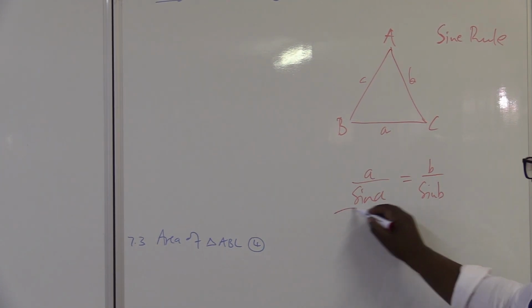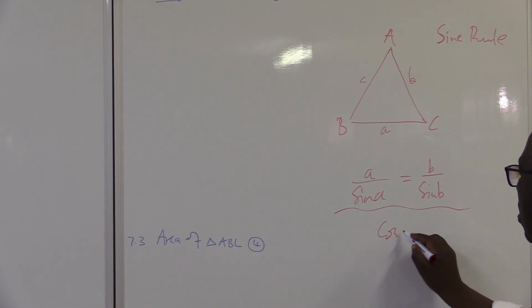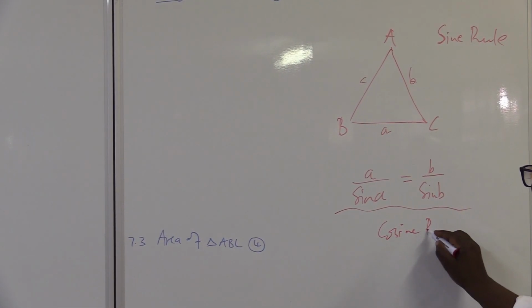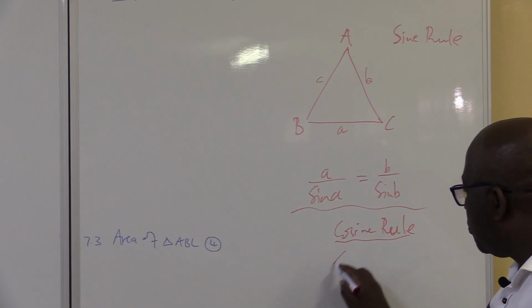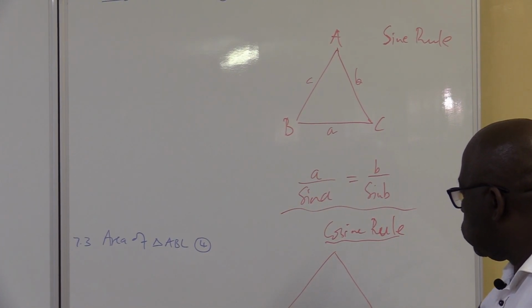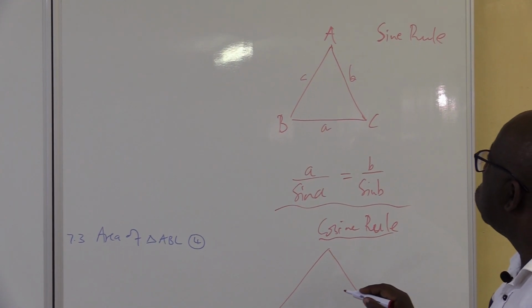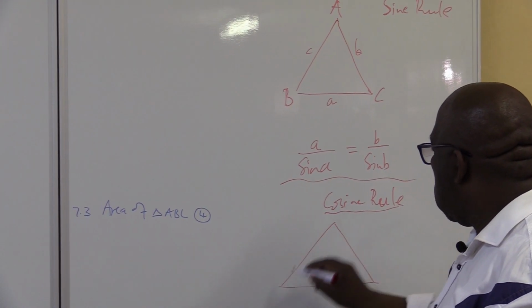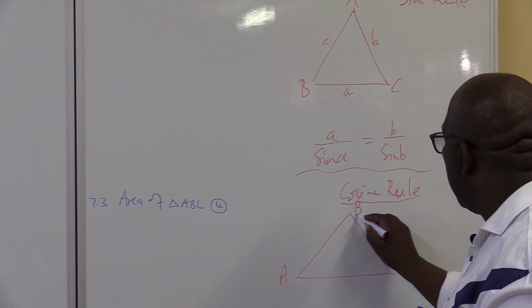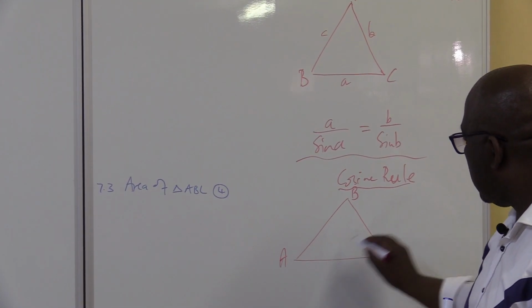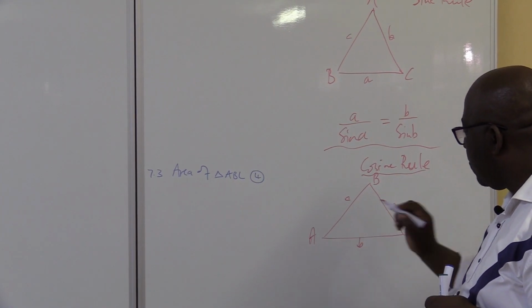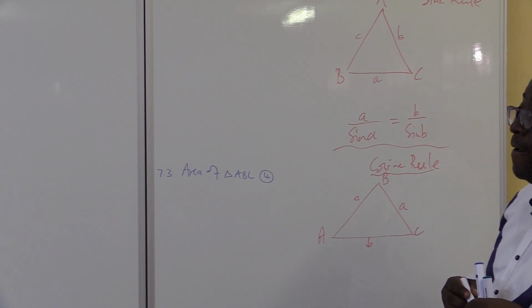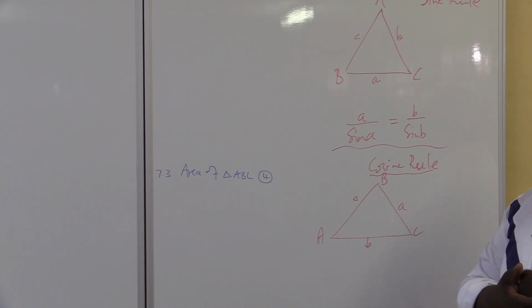Let's look at the cosine rule quickly, how it works. If I give you this triangle A, B, C, this side is small a, this side is small c, this side is small b. When do we use the cosine rule?